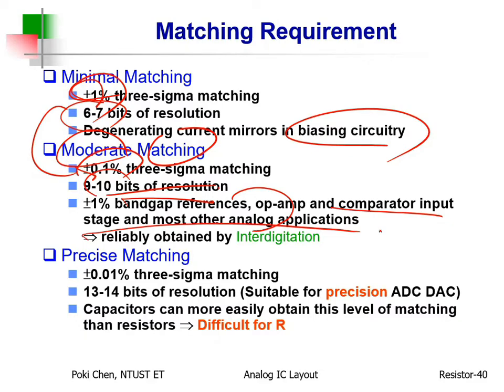All right. So how can you make it by not only interdigitization, but common-centroid layout? Hopefully at least second order. Okay? For precise matching, it's really hard. Usually, you cannot make it with layout itself. Usually it's done with calibration. Okay?